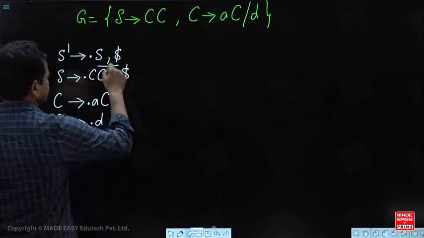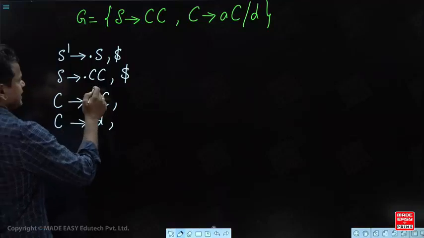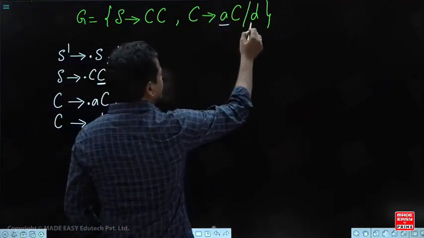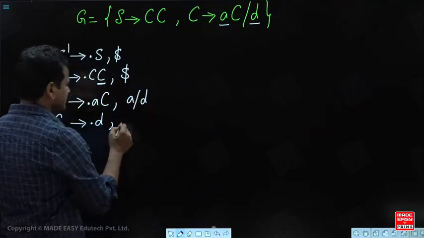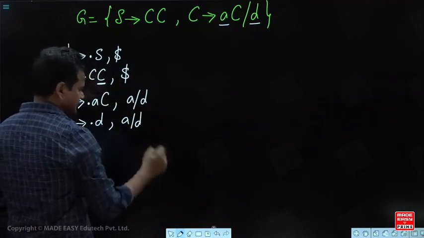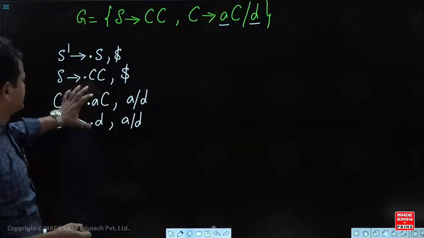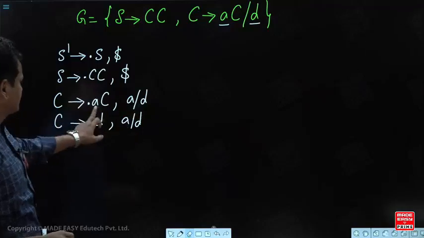So I repeat this point. For dot after C, we have added first of C. What is first of C? Here A and also D. So you add A and D. Here also A and D. Do you understand? Now dot after C, its productions, and first of C, A and D. Dot of terminal, dot of terminal.